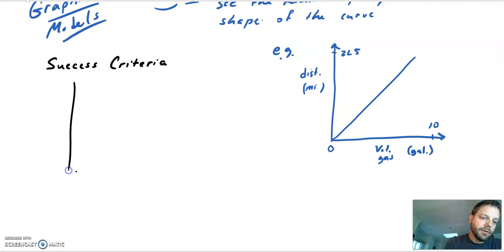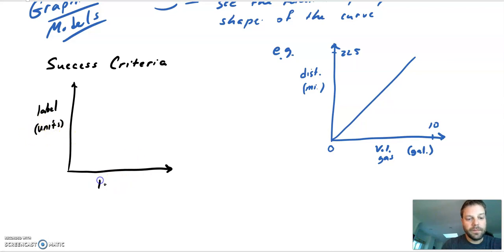So for a graph, what I would be looking for if I were grading this would be: label, units, label, units, max value, and the trend line or curve.